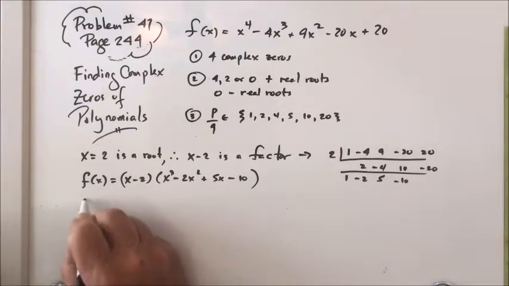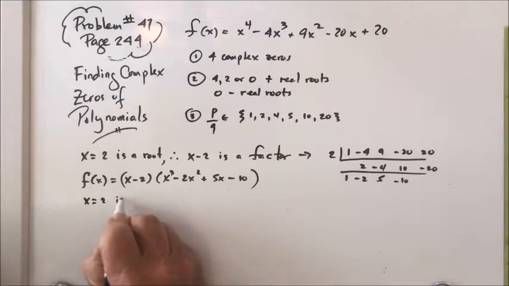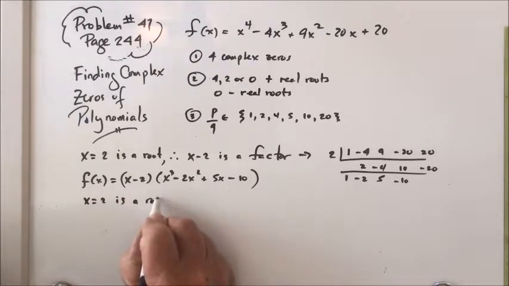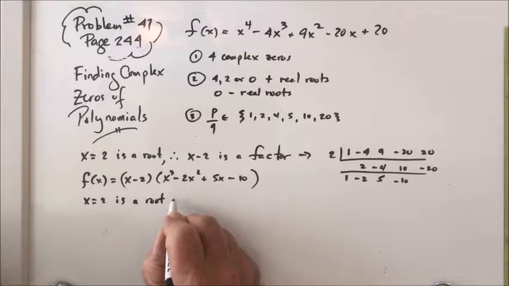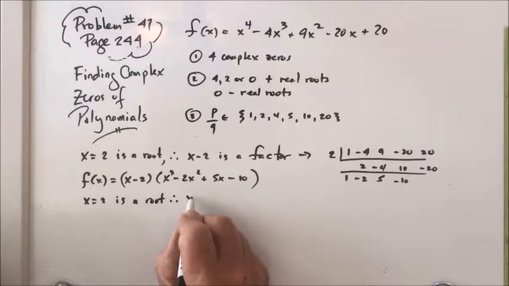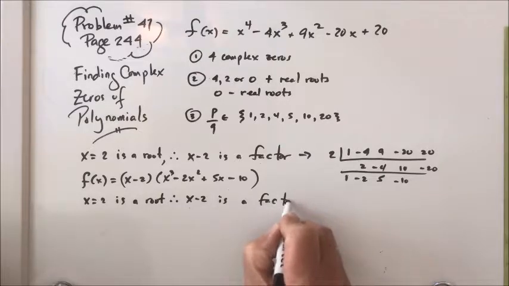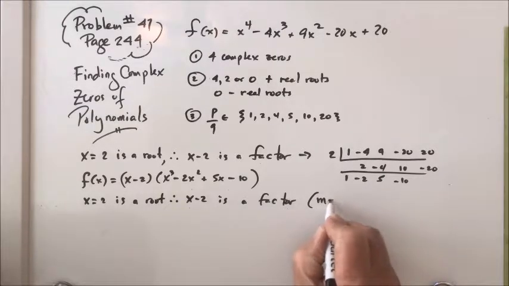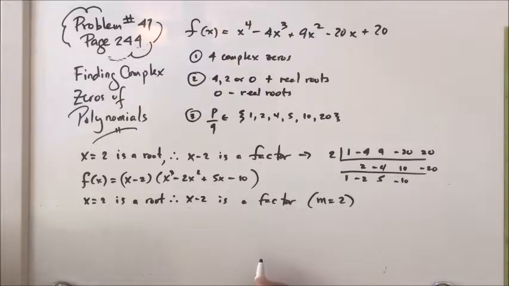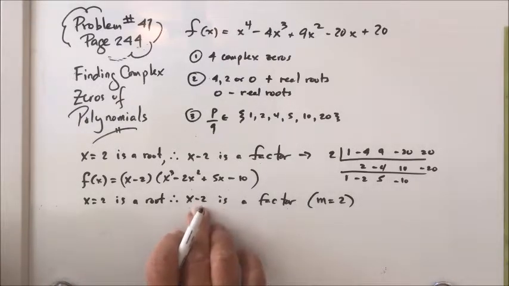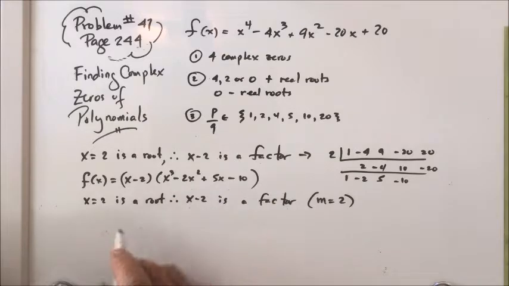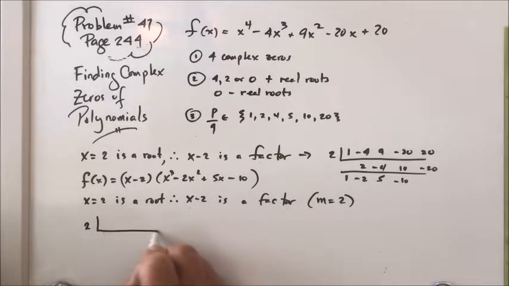So x equals 2 is a root, and therefore x minus 2 is a factor. Let's just remind ourselves it's got multiplicity 2. But let's just continue. Let's try to factor this out of this third order polynomial. So I'm back to synthetic division.